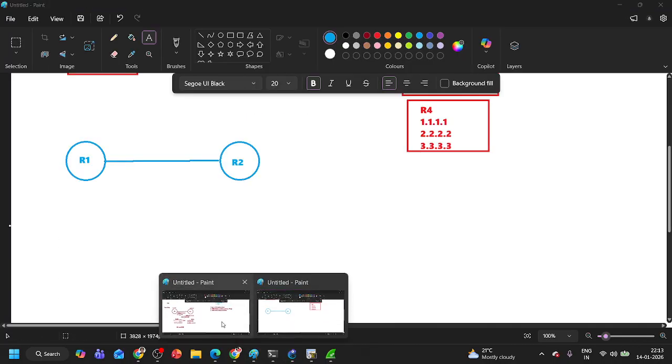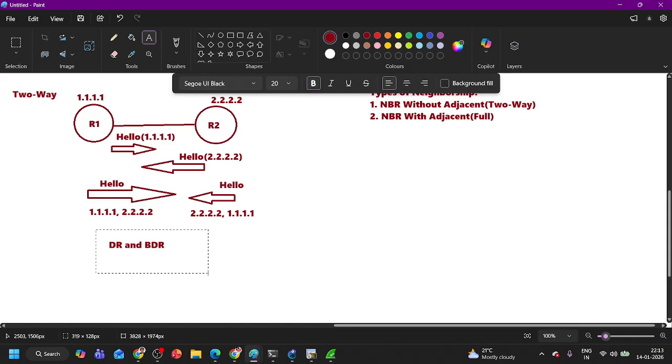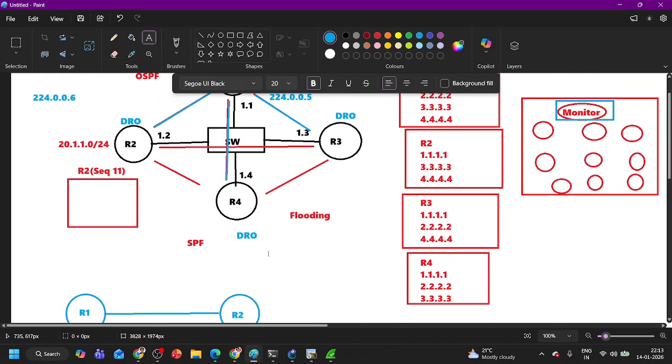After two-way. Init done, two-way done. Bidirectional connectivity check done. DR BDR election done. First criteria is priority. If priority is the same, then it will go for the highest router ID.